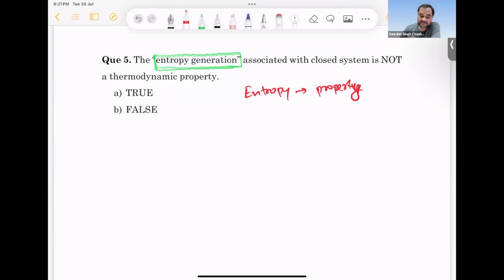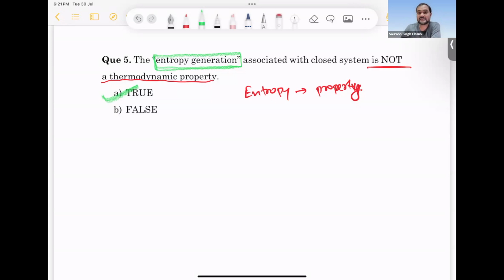So entropy generation cannot be a point function. It is not a thermodynamic property. So the statement that it is not a property is correct. So the answer should be true, right? Because entropy generation is not a thermodynamic property. It is a property of path, or we should say it is a path function.